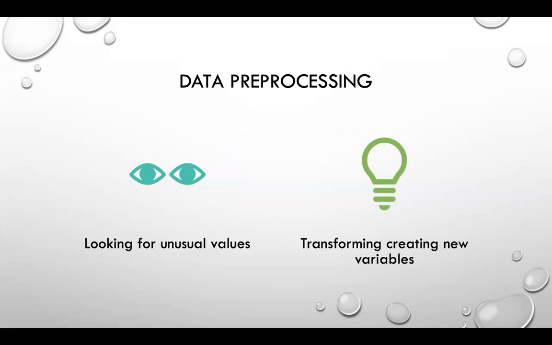The first and foremost, I think the most important part before we begin the analysis would be the pre-processing of the data set, which includes two main branches, according to me: looking for any unusual values in the data set, and transforming or creating new variables in terms of providing more meaning to our analysis.